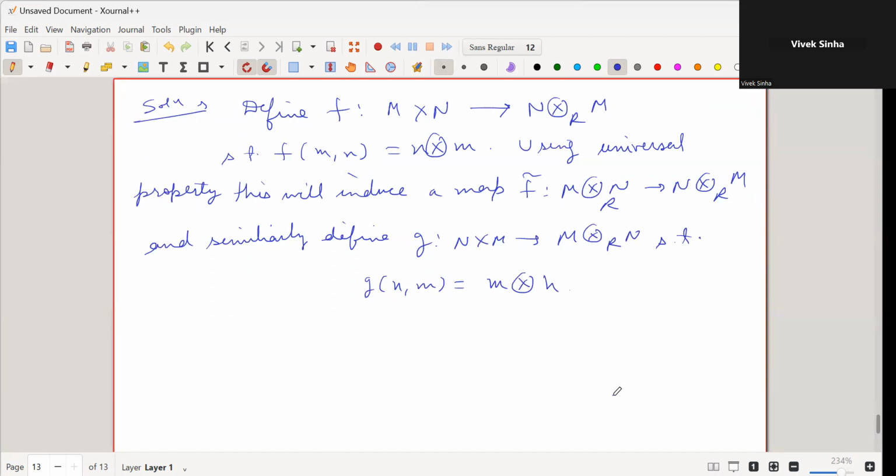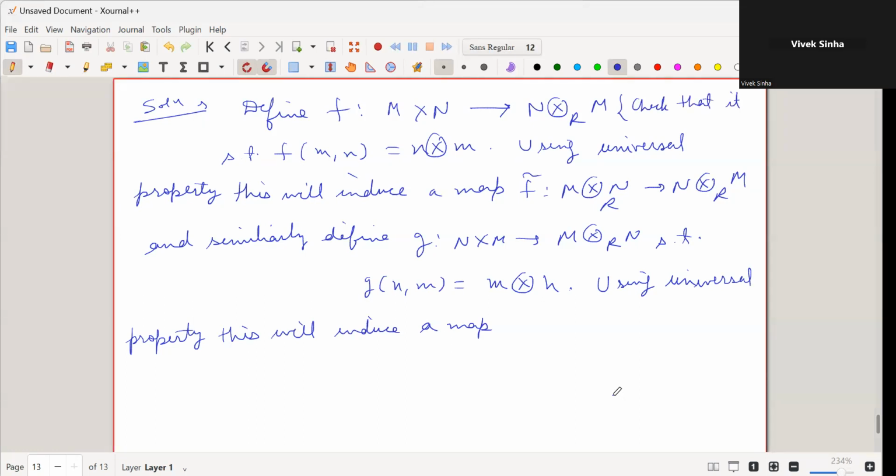Then again by using the universal property, you check the intermediate details, that it's a balanced map and so on.